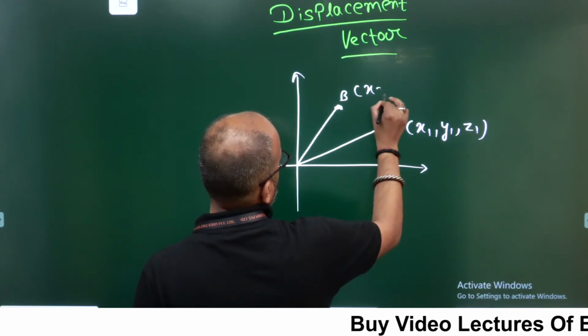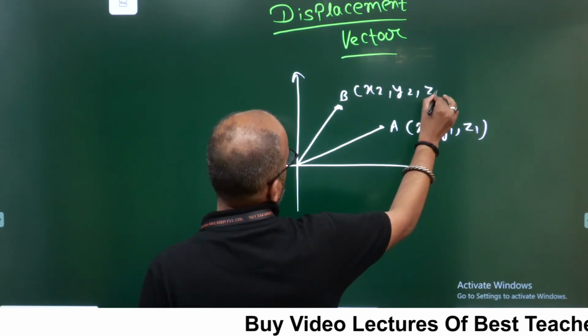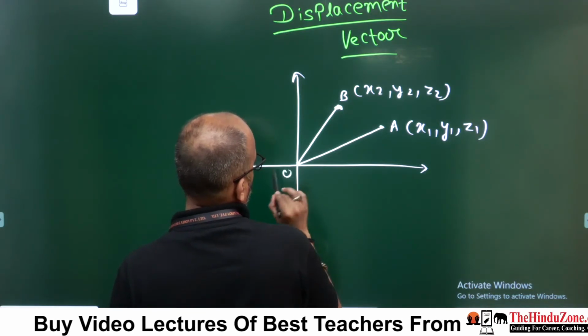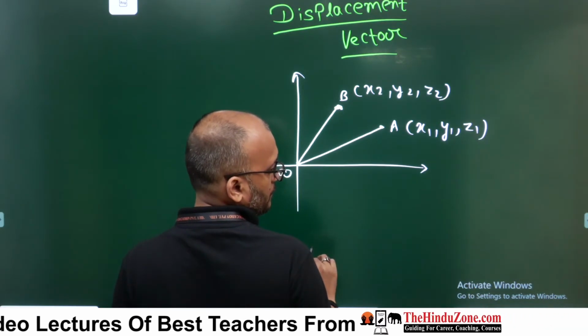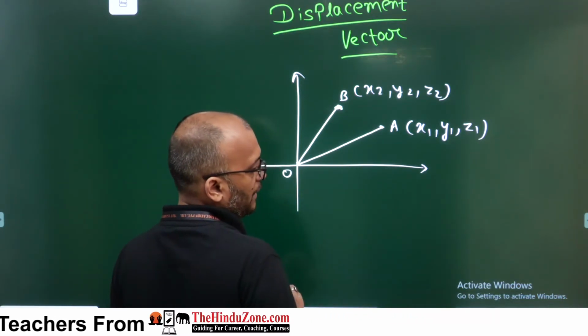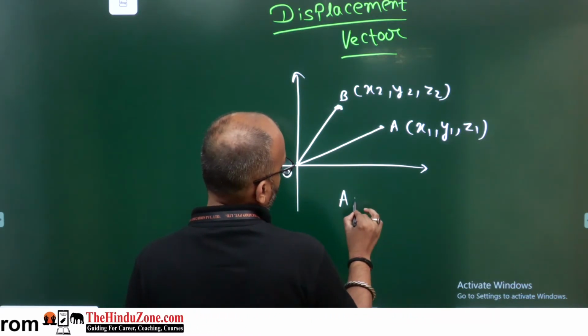Coordinates of B are x2, y2, z2. This is O. So now I want you to find AB vector.